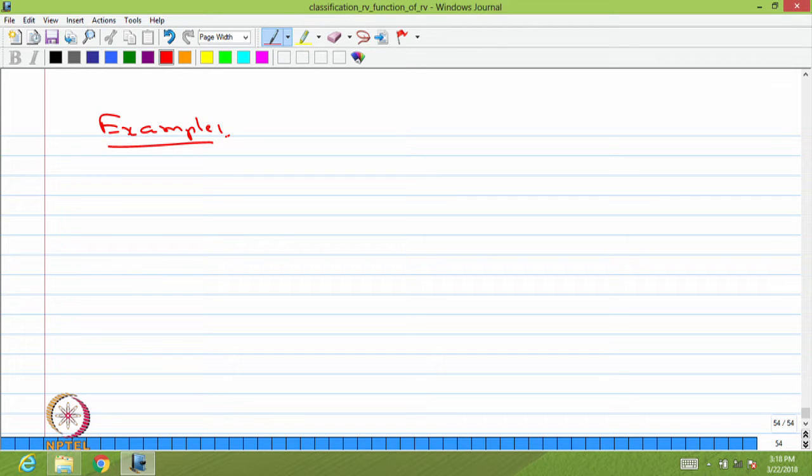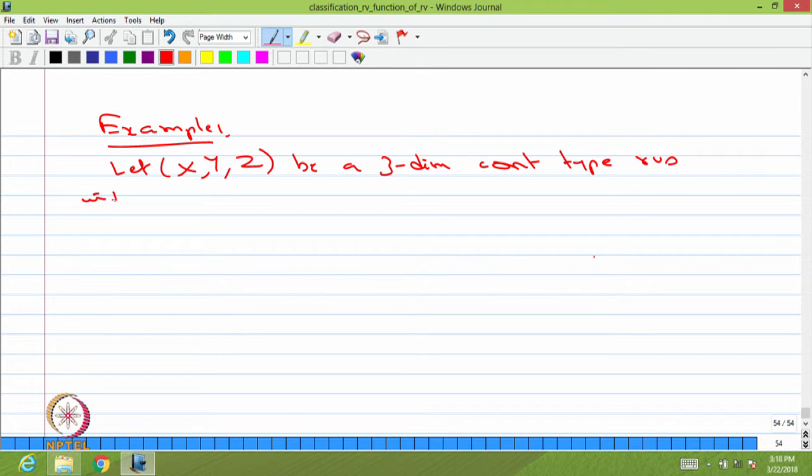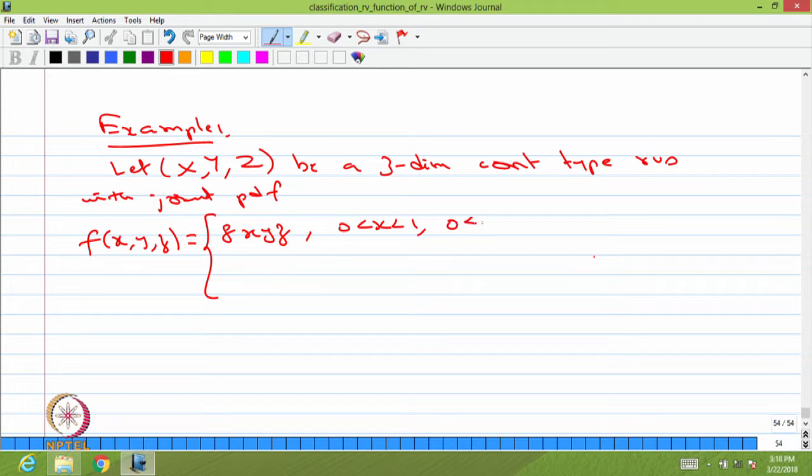Example 1. Let x, y, z be a three-dimensional continuous type random variables with joint probability density function given by: the joint probability density function of x, y, z takes a value a times x, y, z when x takes a value 0 to 1, y takes a value 0 to 1 and z takes a value 0 to 1.